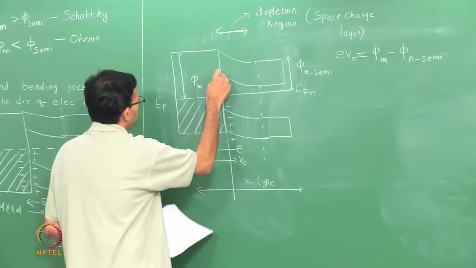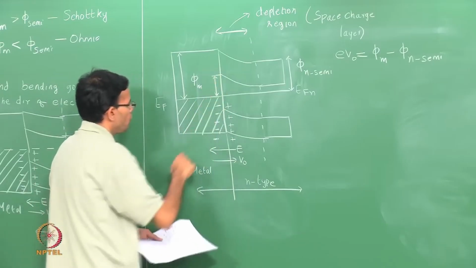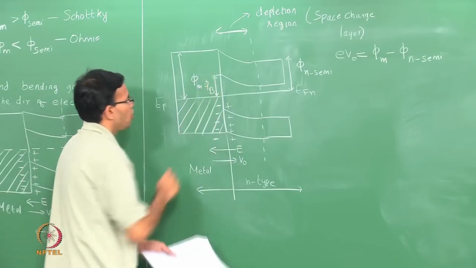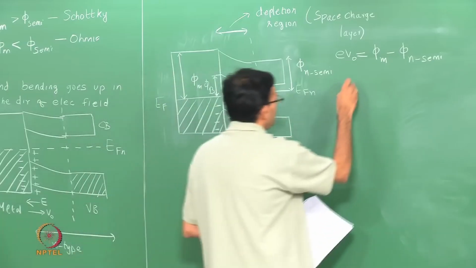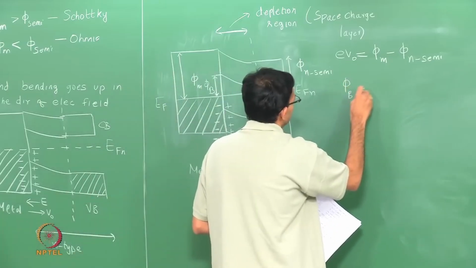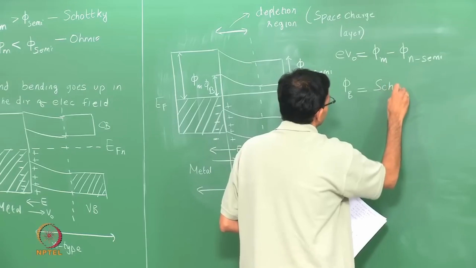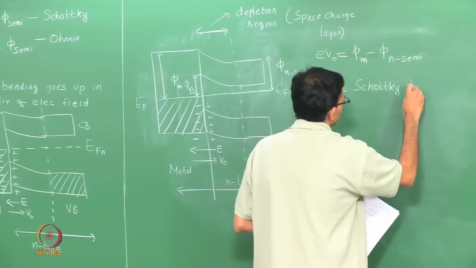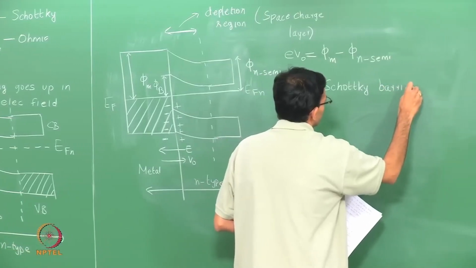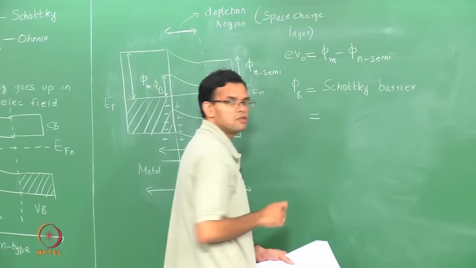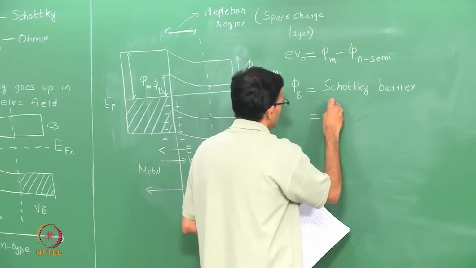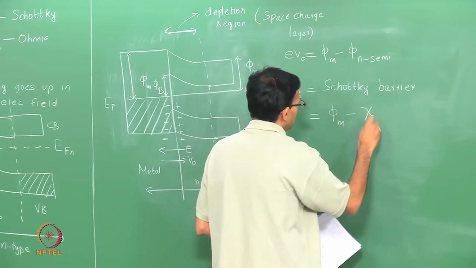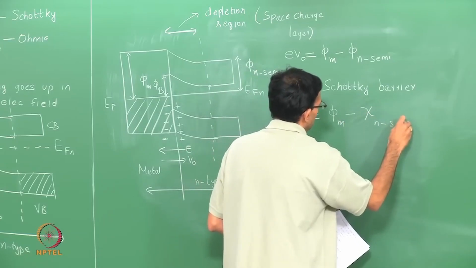There is also a barrier for the electron to go from the metal to the semiconductor. This barrier is called phi b, which is called the Schottky barrier. The Schottky barrier is given by the work function of the metal minus the electron affinity of the semiconductor.